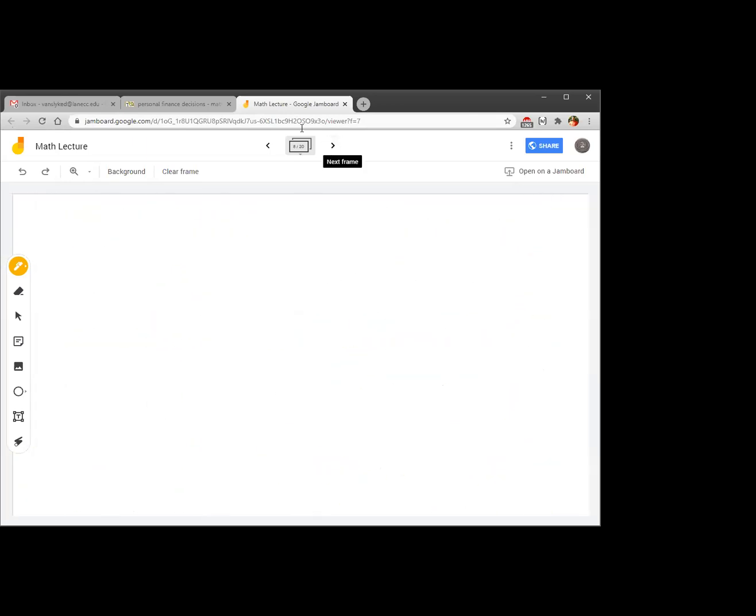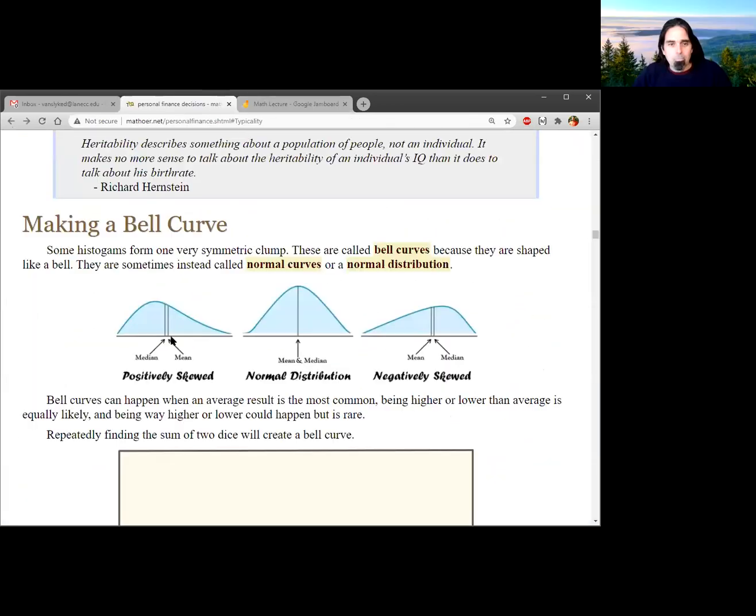Yeah. So when you see these pictures in the bell curve section, remember that there are actually histograms underneath, right? There's bars sort of holding up this top curve.